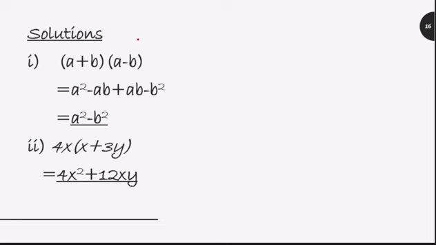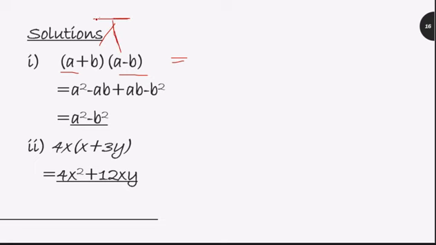They are asking you to get a bigger expression, which is an expanded expression, where these are factors. When you break it down again, you should get back to a plus b, a minus b. So how do you do that? You multiply everything in this bracket times everything in the brackets here.